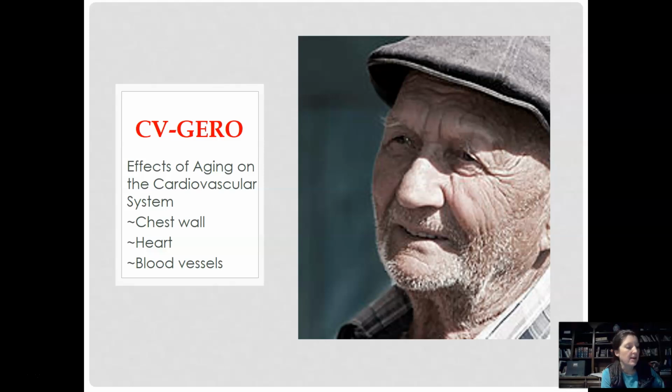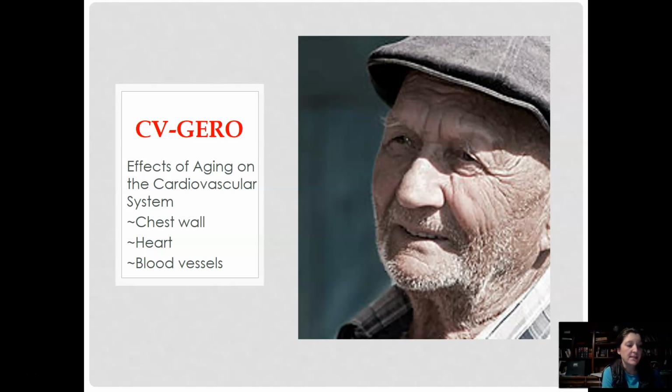So we're more likely to hear a murmur in older adults. They're more likely to experience dysrhythmias, or an abnormal heart rhythm. And their systolic blood pressure tends to increase significantly, which increases the pulse pressure. The vessels get a lot stiffer, thicker, plus they're more likely to have plaque, and so their blood pressure generally goes up.